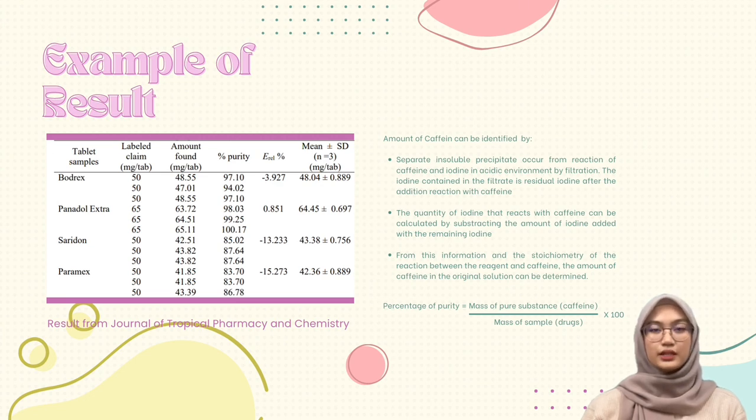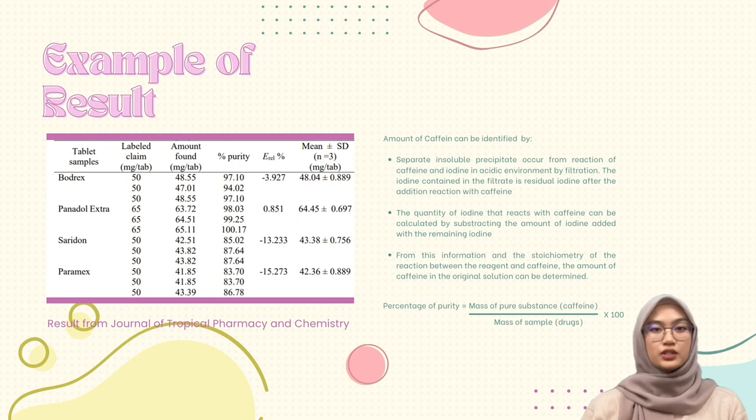Amount of caffeine can be identified by separating the insoluble precipitate that occurs from reaction of caffeine and iodine in acidic environment by filtration. The iodine contained in the filtrate is residual iodine after the addition reaction with caffeine. The quantity of iodine that reacts with caffeine can be calculated by subtracting the amount of iodine added with the remaining iodine.